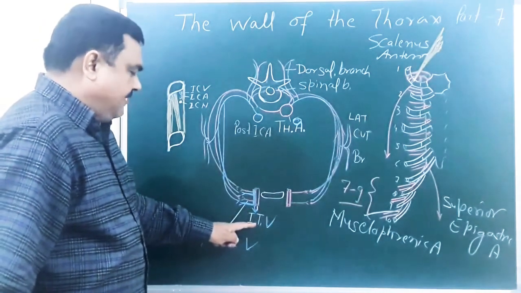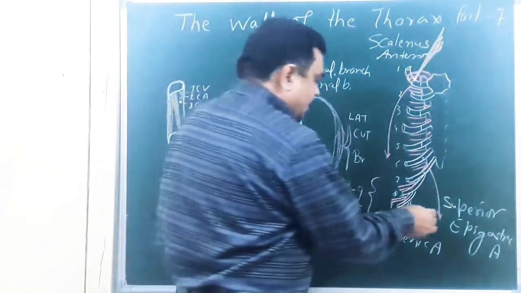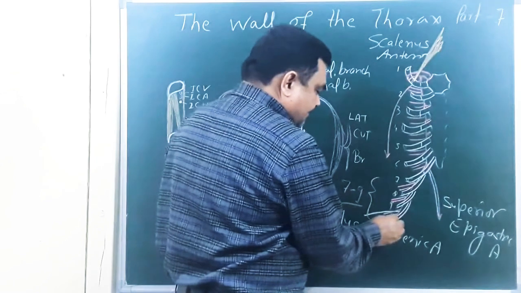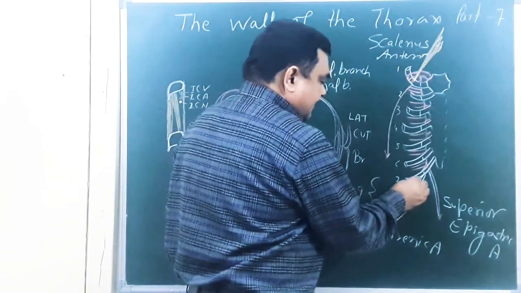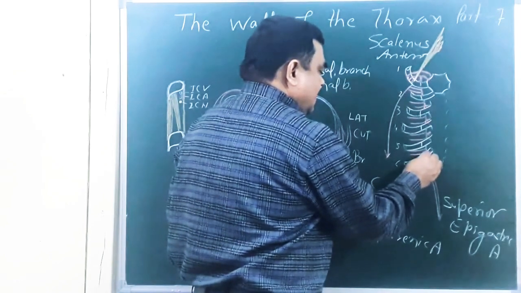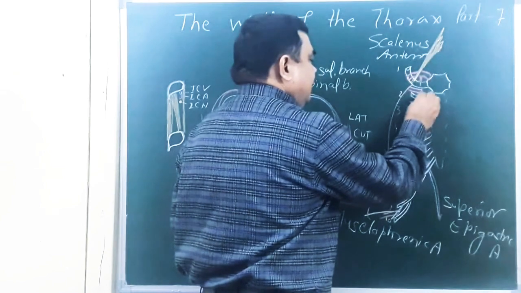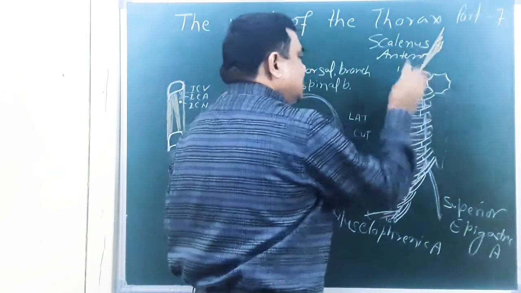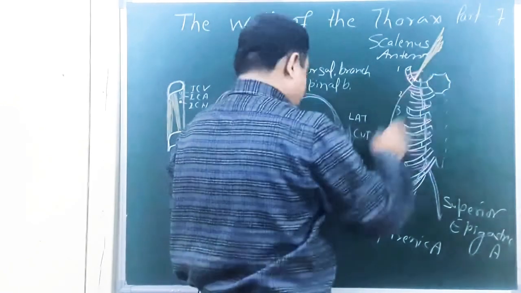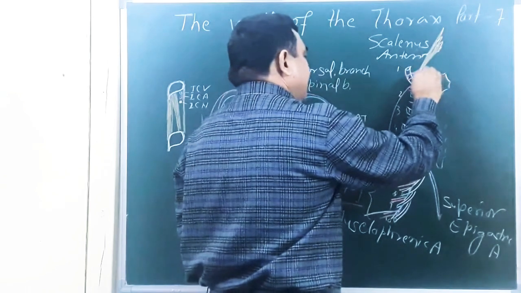This internal thoracic vein, here you can see this is superior epigastric vein. Here is musculophrenic vein. Here they join to form internal thoracic vein. This is internal thoracic vein, like this. Here internal thoracic vein drains into brachiocephalic vein.